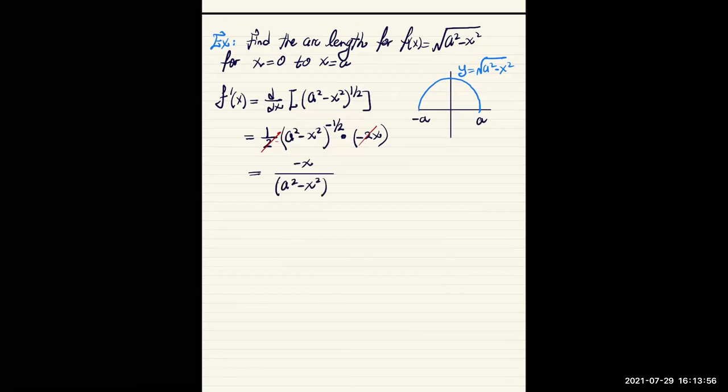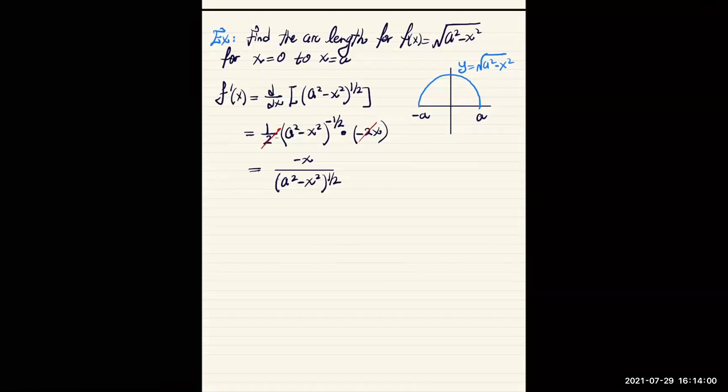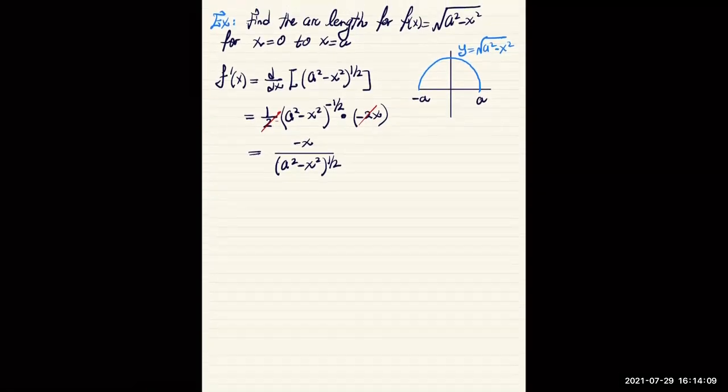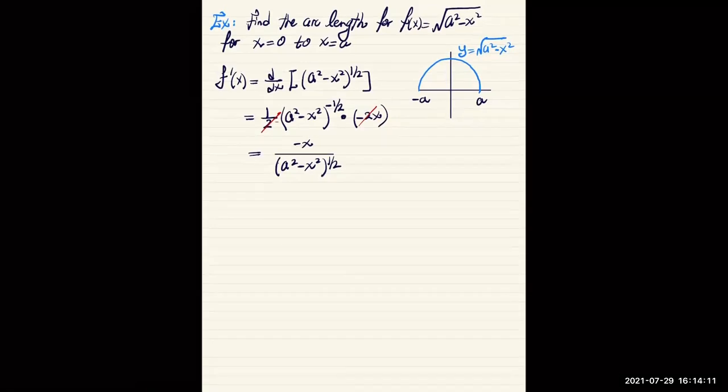And if you want, you could just leave it as square root. Okay? I don't think this is going to work out. The integral is not going to work out. It's not, unfortunately. But let's just keep going.